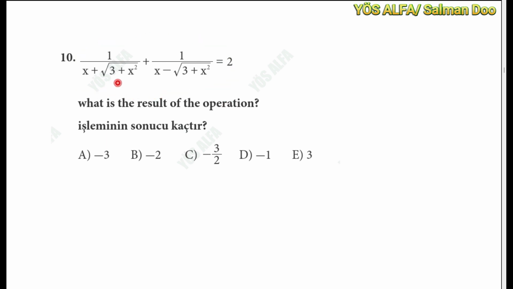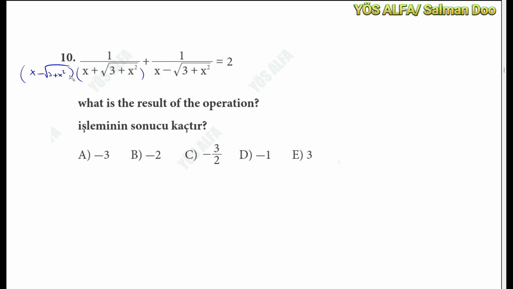Since we are adding up the two fractions, we should have the common denominators. So since here we have positive and here we have negative, how do we find the common denominator for these two? We can find the common denominator by multiplying this by x minus square root of 3 plus x squared.